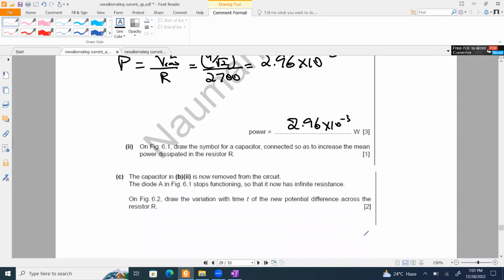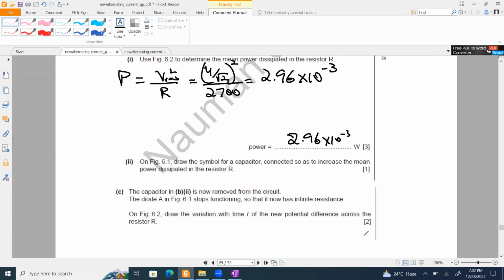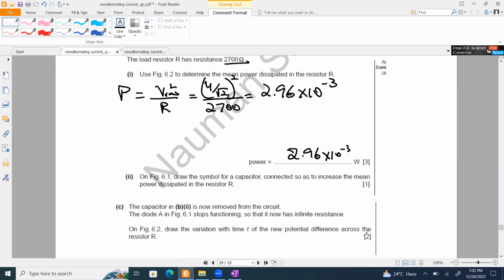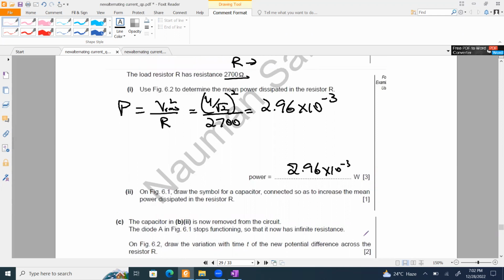Okay, in the next part, they say on 6.1, draw the symbol for a capacitor connected so as to increase the mean power dissipated in the resistor R. We have to increase the mean power, and we can increase it by decreasing the variation in the voltage, right?